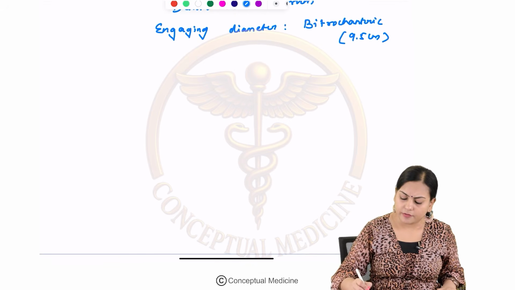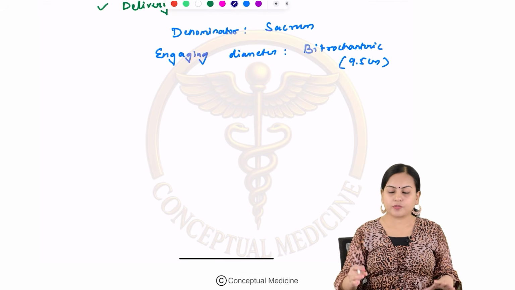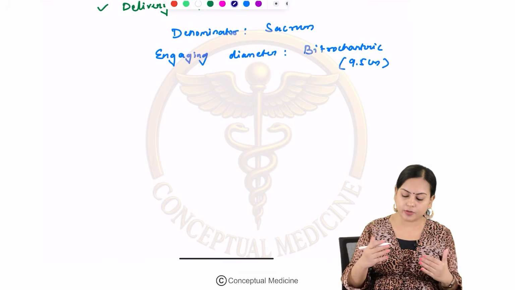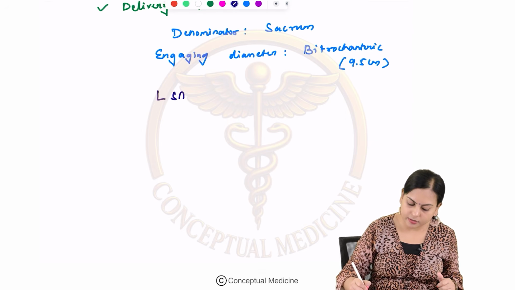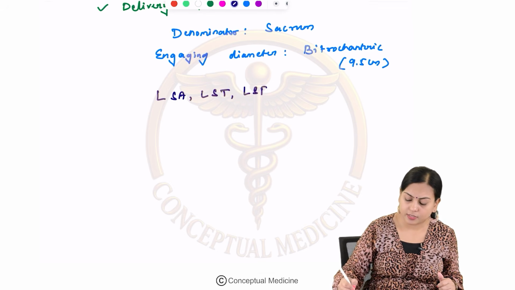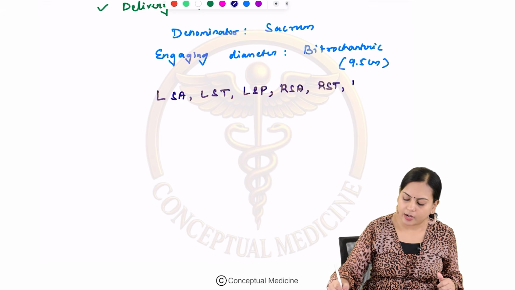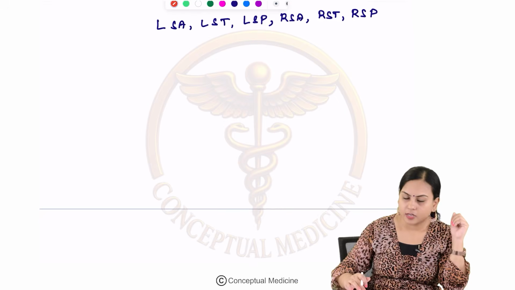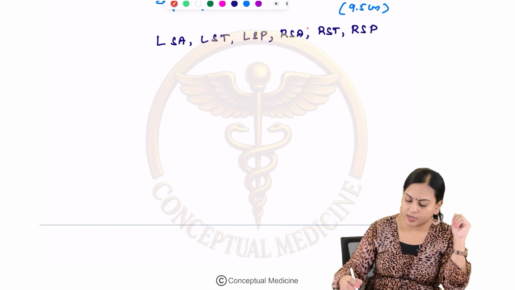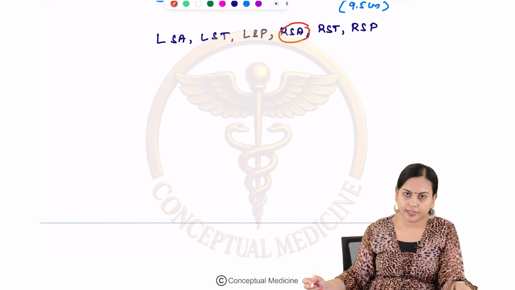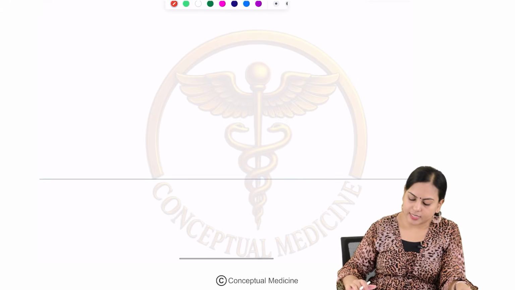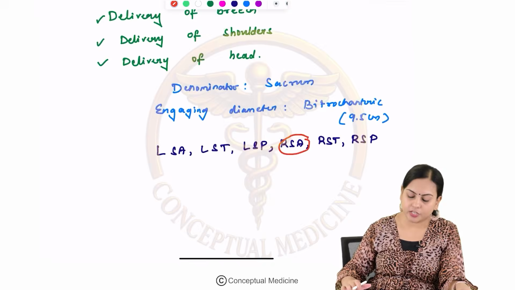With respect to the relationship between the sacrum and maternal pelvis, you can have different positions like left sacro-anterior, left sacro-transverse, left sacro-posterior, right sacro-anterior, right sacro-transverse and right sacro-posterior. Among these positions, right sacro-anterior is the most common position. Clear? So, we will see the delivery of breech first.